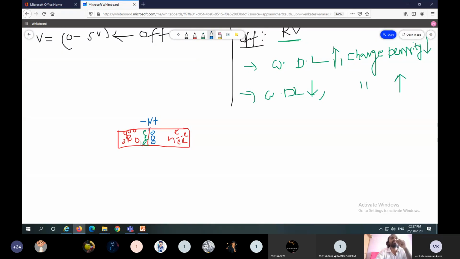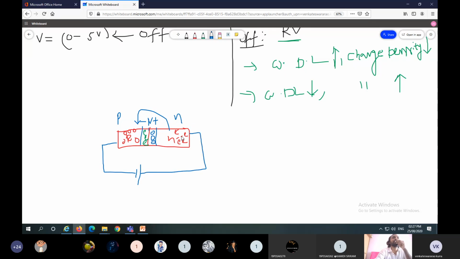The diffused holes and electrons from either side block further diffusion. The holes diffused from the p-type oppose further diffusion of holes from the p side, and the electrons diffused into the p-type oppose further diffusion of electrons from the n-type, and this acts as a barrier. Suppose you apply reverse bias, where here it is p and here it is n. Reverse bias means the p-type region is connected to negative and the n-type region is connected to positive.